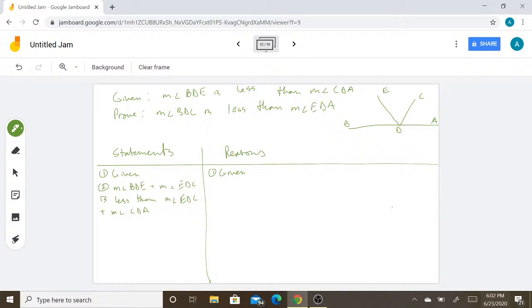And this is because of what we learned about inequalities with addition. If equal quantities are added to unequal quantities, then the sums are unequal in the same order.